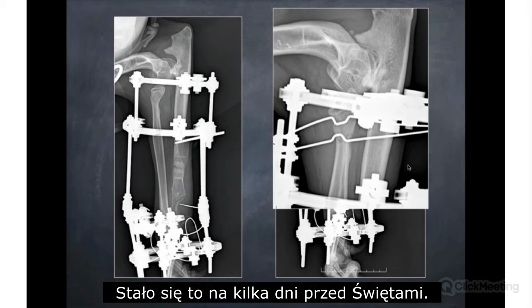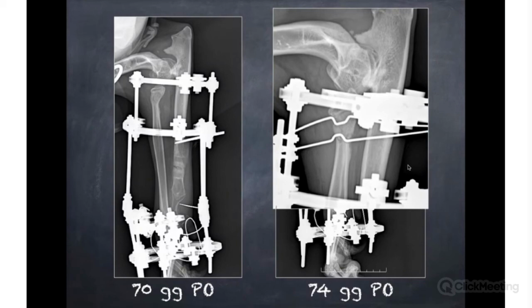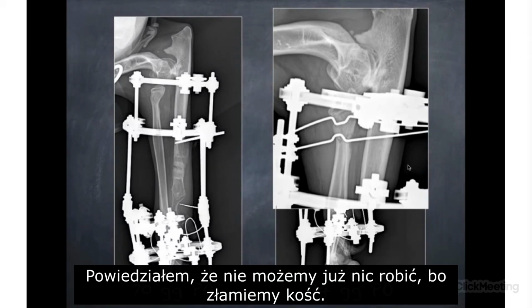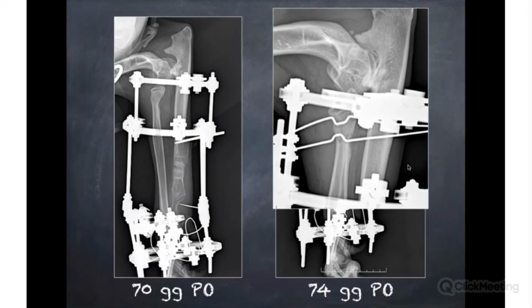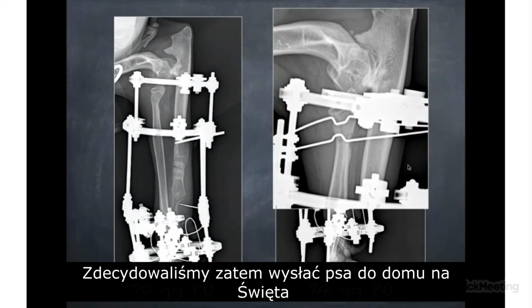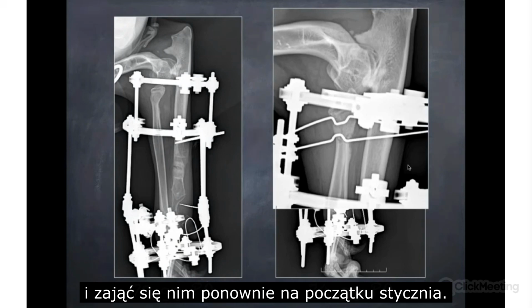It was a couple of days before Christmas, and I said, okay, we cannot move it anymore because we are breaking the bone. So we decided to send the dog home for Christmas and to get back to him in the first days of the new year.